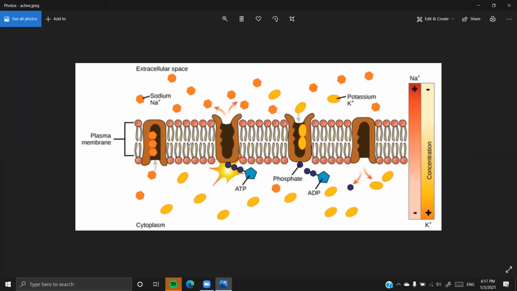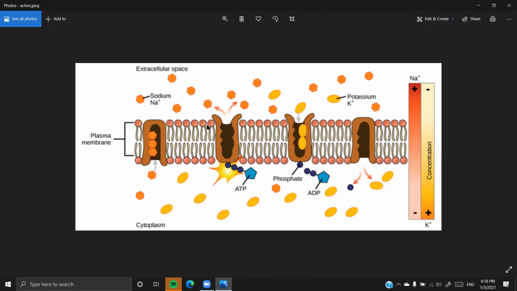Usually we see that our excitable cells like neurons and cardiac cells are excitable cells. And these excitable cells usually have cations like sodium at a higher concentration outside, compared to the potassium ions which are present inside the membrane. So the sodium ions are more when compared to the potassium ions here.